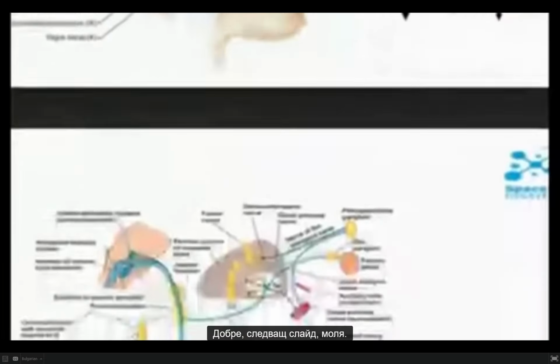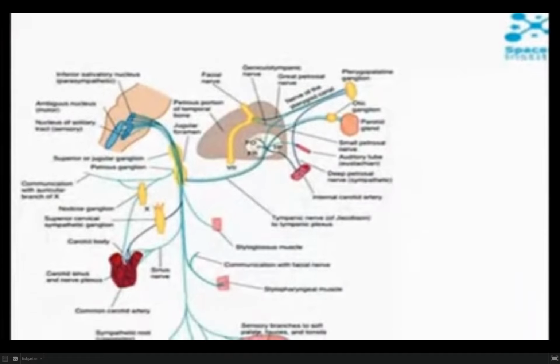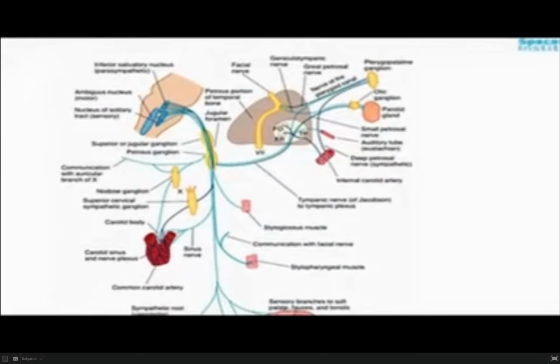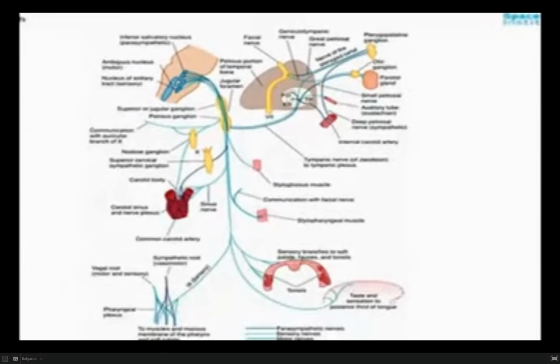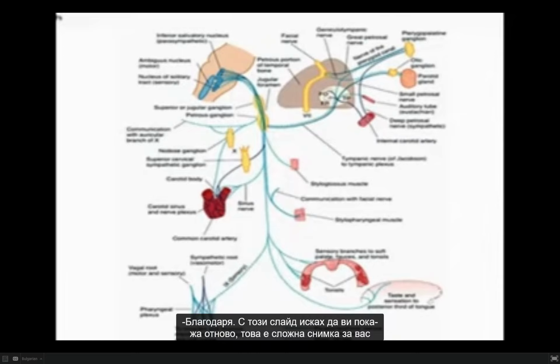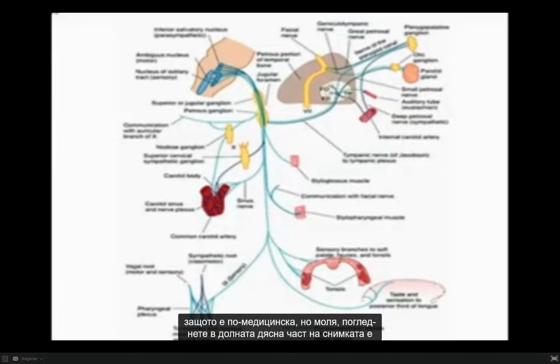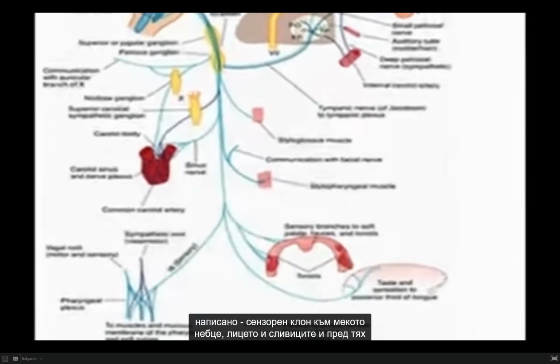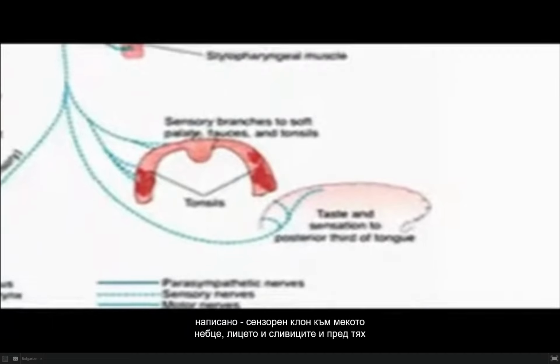So the next slide, please. Okay, thank you. For that slide, I want to show you again, it is a complicated picture for you. It's more medical, but please see that on the right bottom of the picture is written sensory branch to soft palate, face, and tonsils.